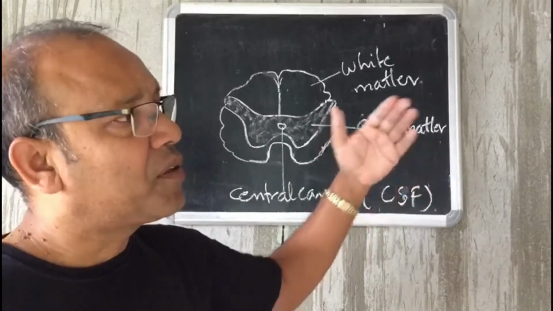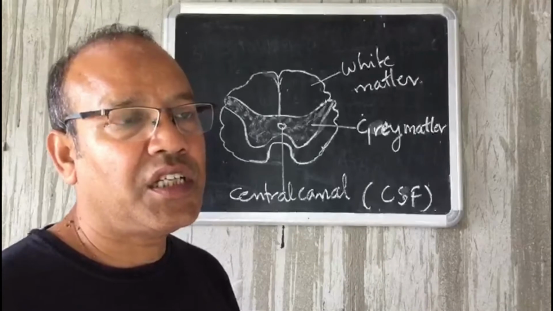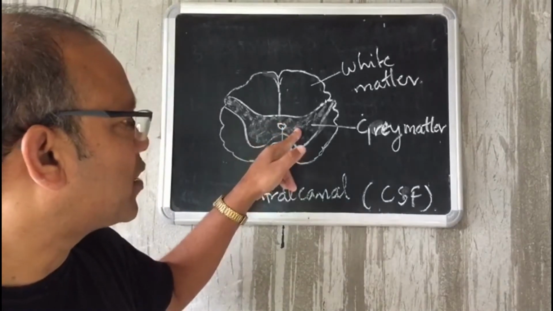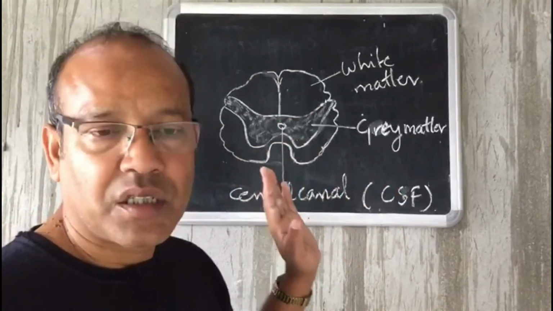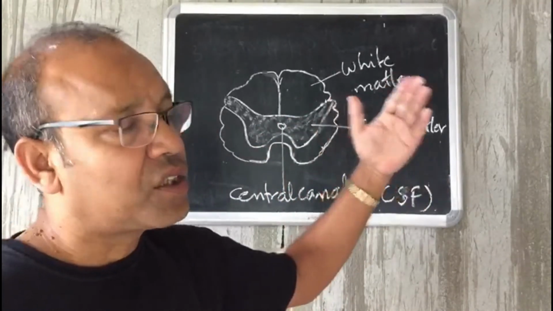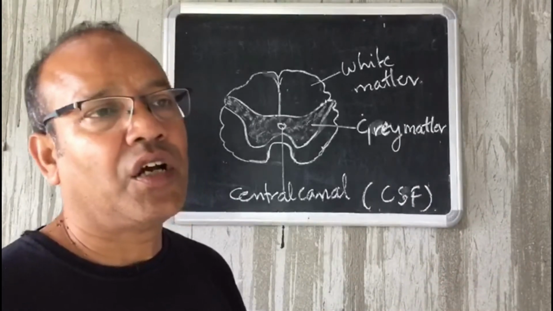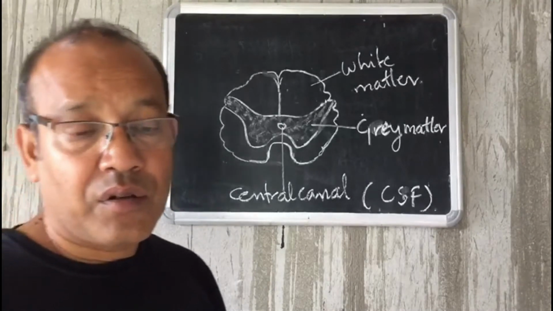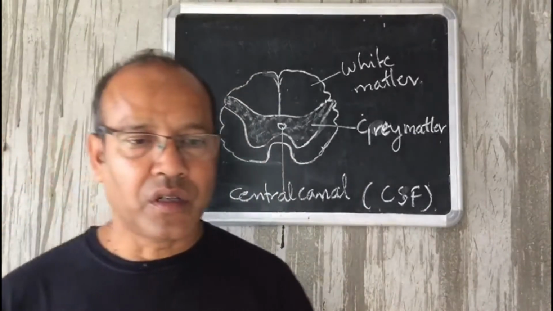Before that, we have talked about there are 31 segments, and from these 31 segments originate the 31 pairs of nerves. Now, let's talk about the function of the spinal cord.